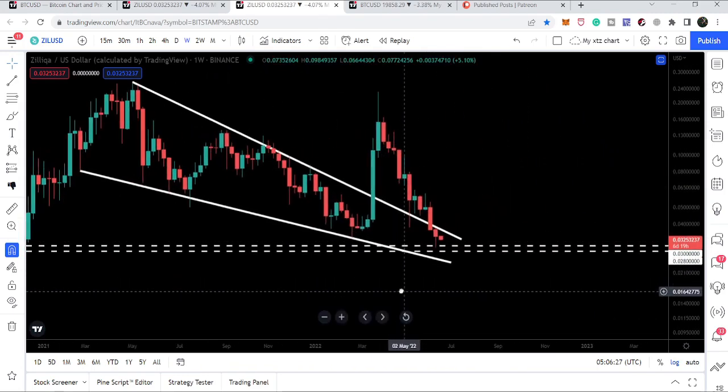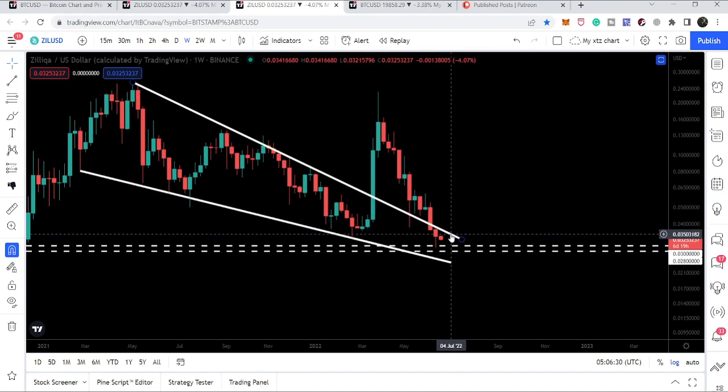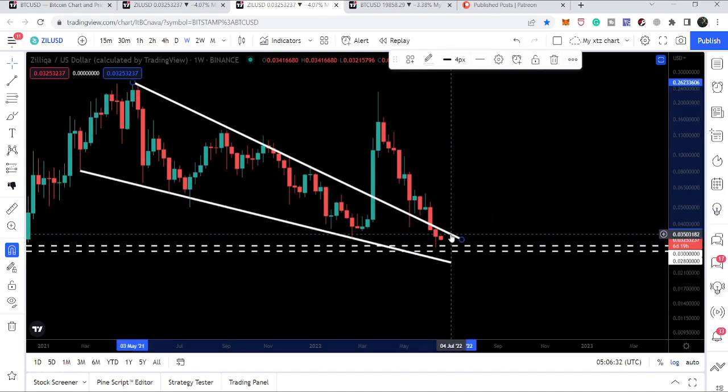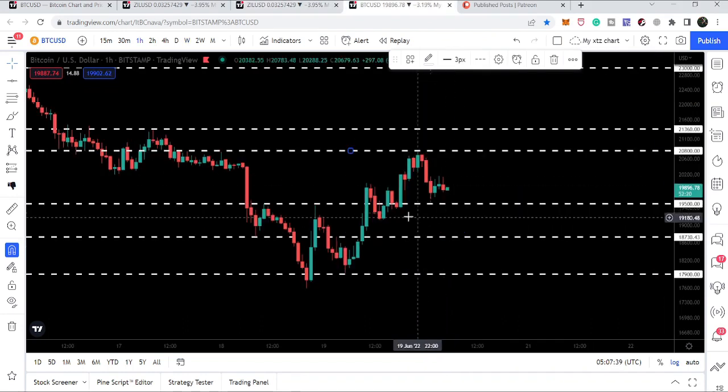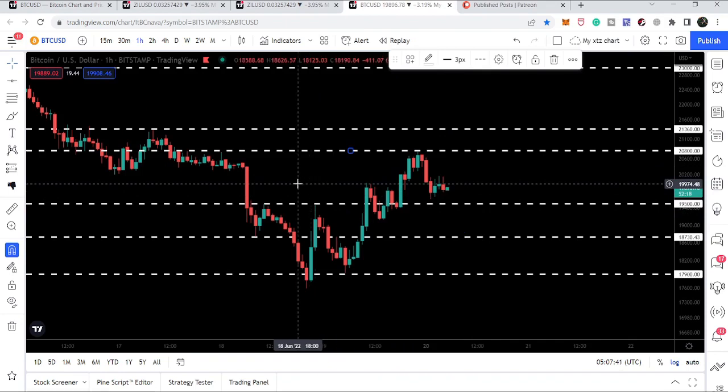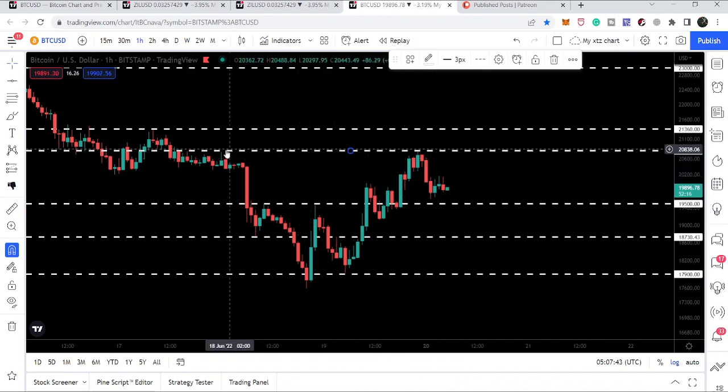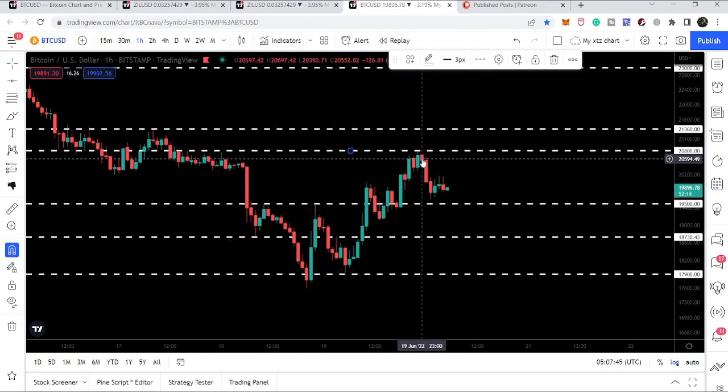Now, if Zilliqa breaks out the resistance of this wedge, because I've been telling you that if Bitcoin starts a small correction rally, then there is a possibility that Zilliqa breaks out the resistance of this falling wedge pattern. If we take a look at this chart for Bitcoin, which is the hourly time frame chart, we can see that Bitcoin is not able to break out this $20,800 resistance level.